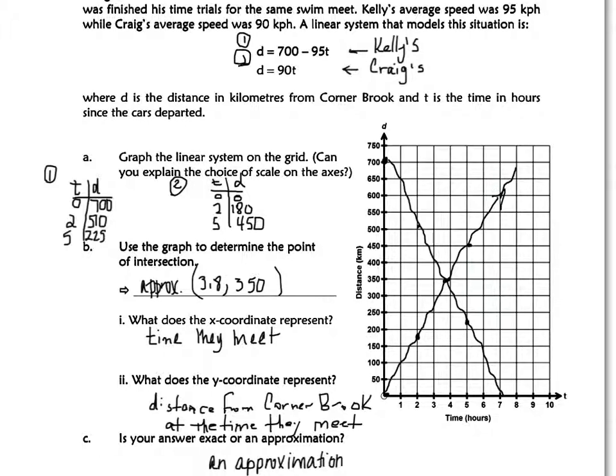So 95 times 3.8, and then subtract that from 700 gives you 339. And then if we put into Craig's equation, 90 times 3.8, we get 342. So we're pretty close, but not exactly, because they're not giving you the exact y coordinate. So it is an approximation.